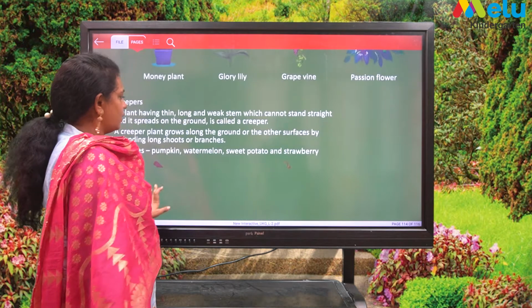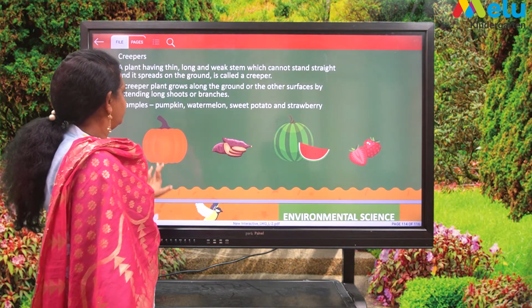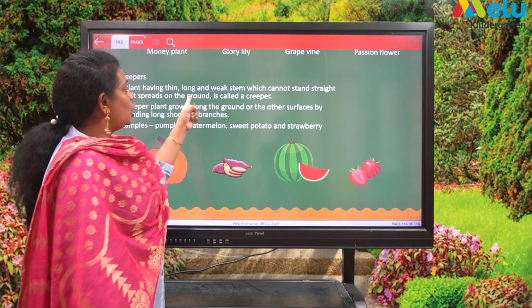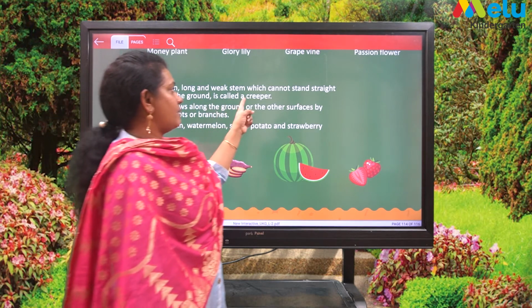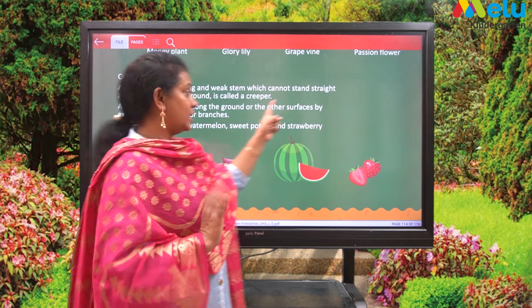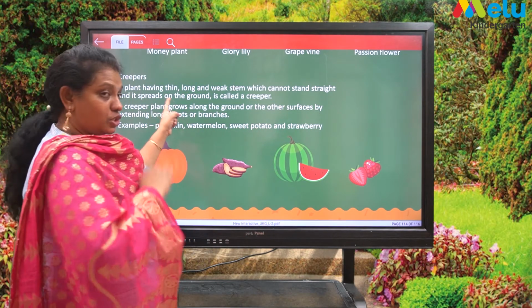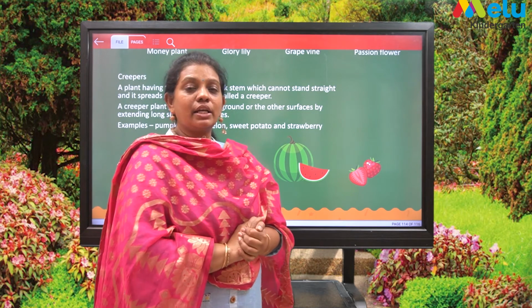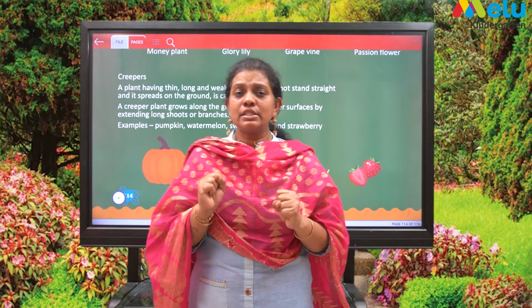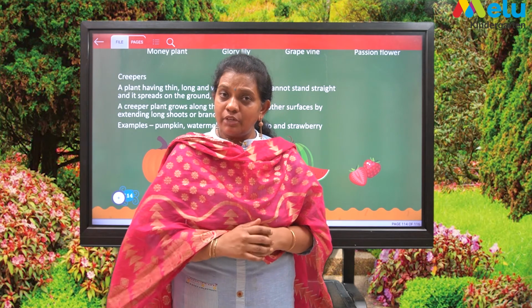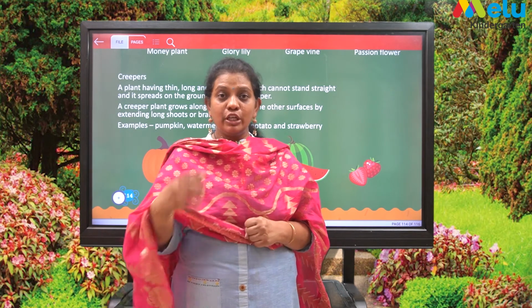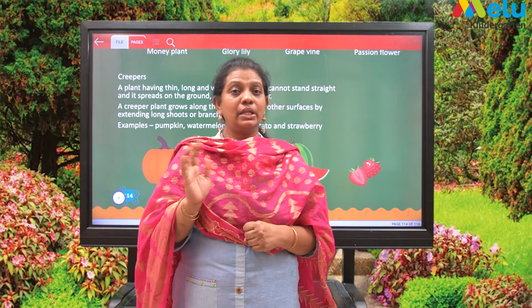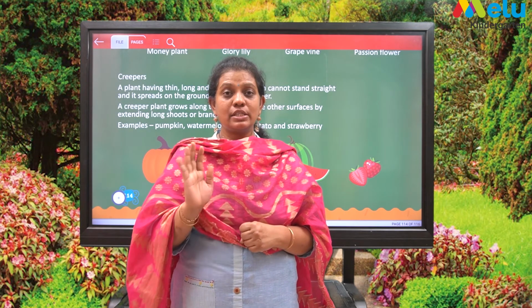Now let's talk about creepers. A plant having a thin, long and weak stem which cannot stand straight and spreads on the ground is called a creeper. All the creepers don't have a strong stem. Any plant which has a strong stem will stand properly on the ground, but the creepers don't have a strong stem.